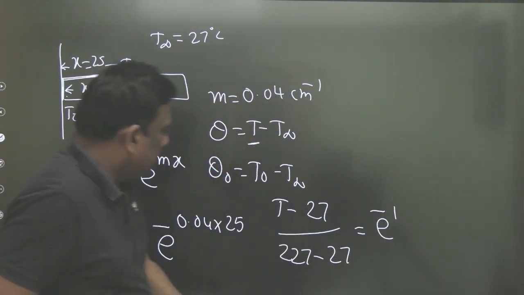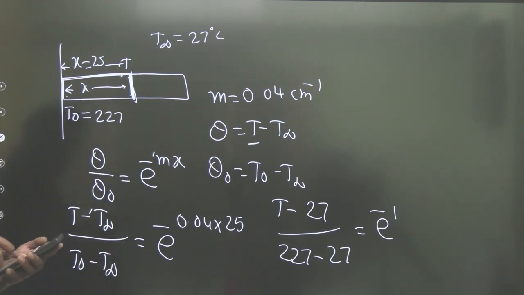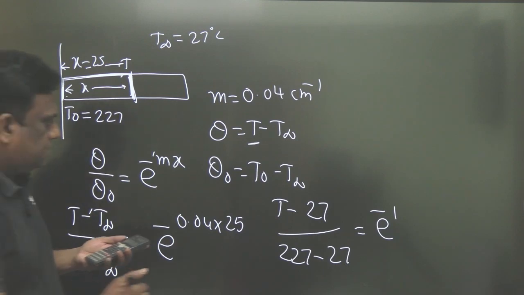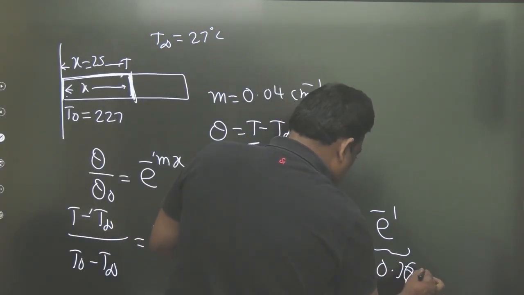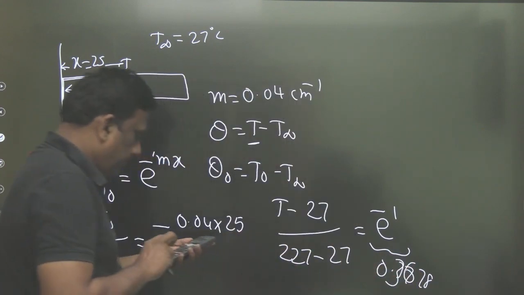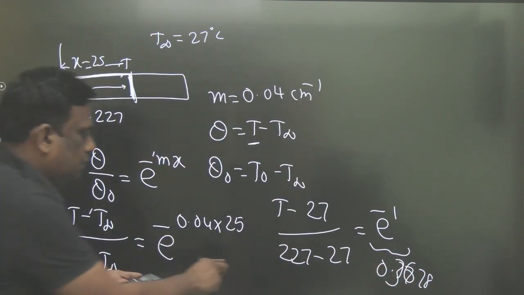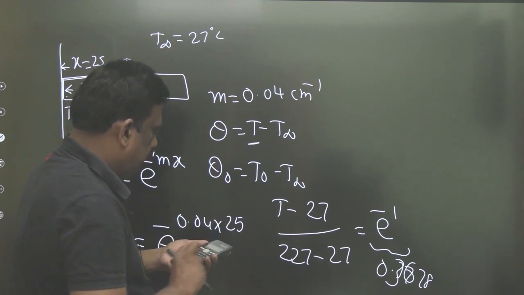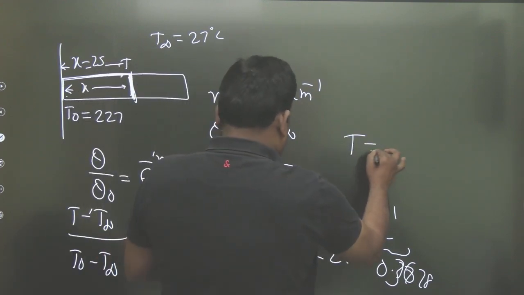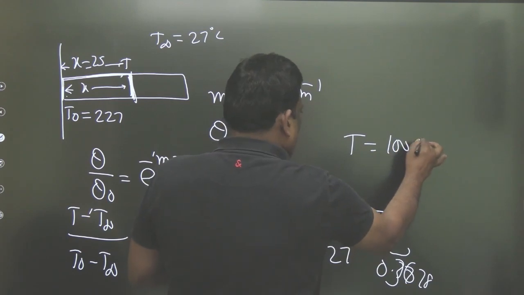Let me calculate this value. 0.3678 into 200, and plus 27. So I am getting the temperature as 100.5 degrees centigrade.